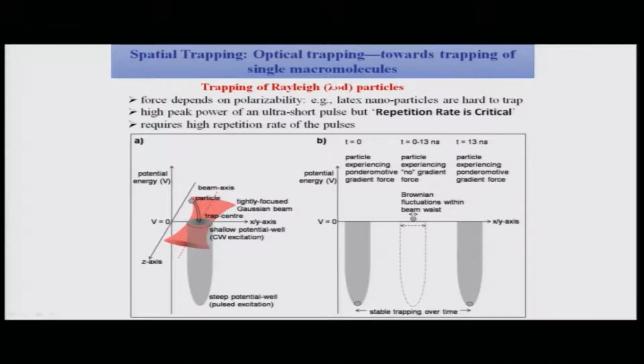If the pulses come after a very long time, then stable trapping time will not be possible to be maintained. So, here is a cartoon of how this particle trapping works. The particle is basically put into a potential created by the optical field, under which the particle gets trapped.